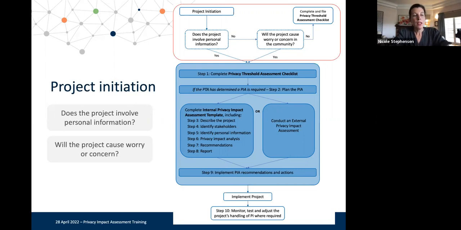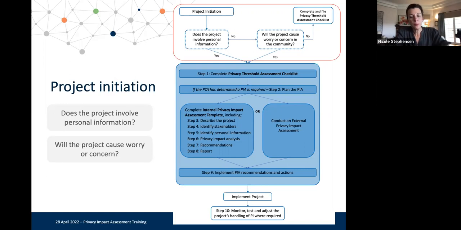Maybe though there's potential for the use of that information to cause worry or concern in the community, even if on the face of it, it doesn't directly identify a person or a group of people. If that is the case, you should also go through step 1, which is completing the privacy threshold assessment checklist.